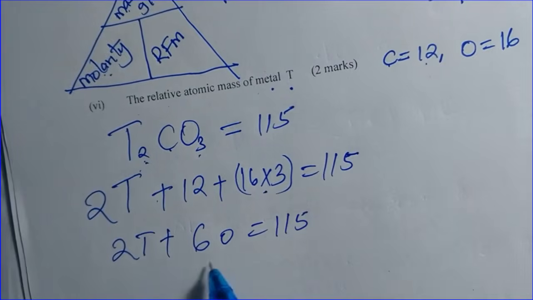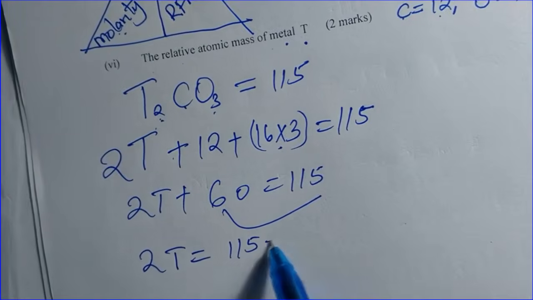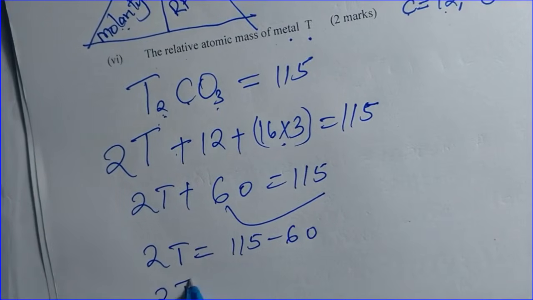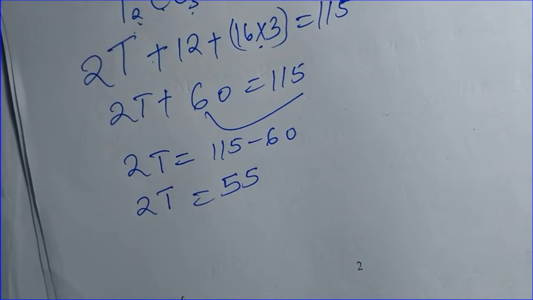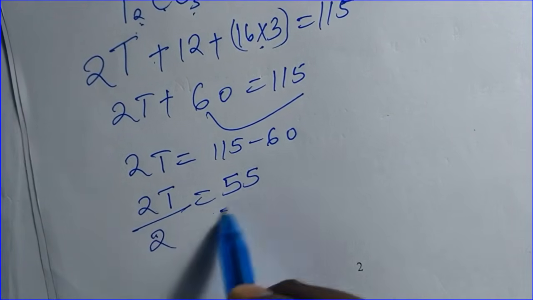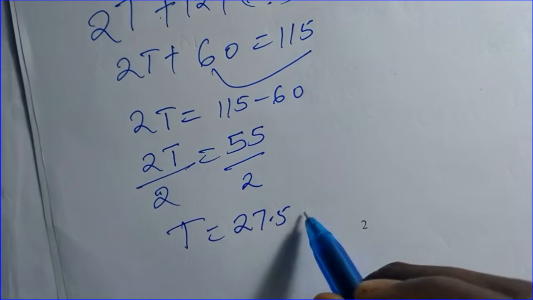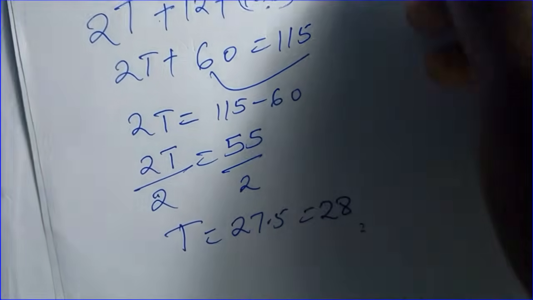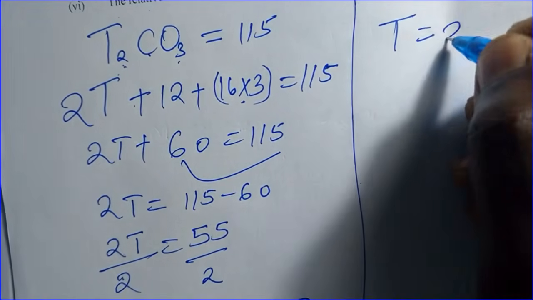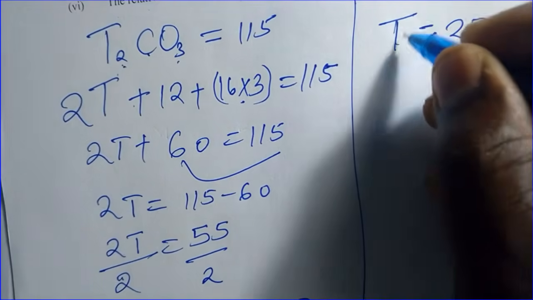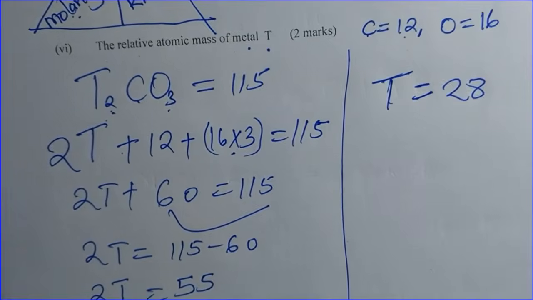Bring like terms together. 2T will be equal to 115 minus 60. 2T will be equal to 55. Now we want T, divide by 2 both sides. Therefore T is equal to 27.5, which is the same as 28. Therefore the RAM of T is equal to 28. RAM of that metal is equal to 28.